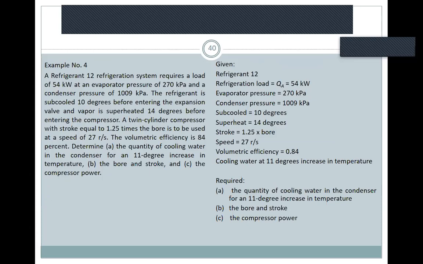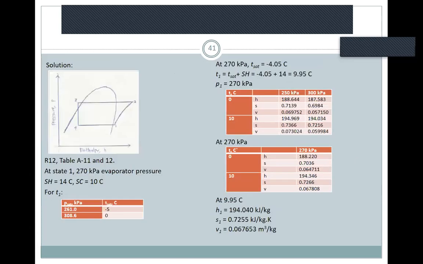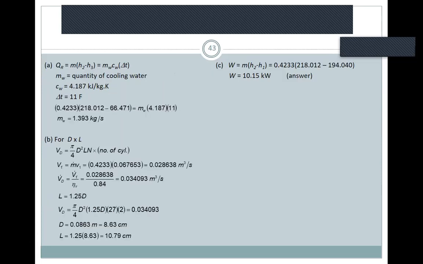Okay, dalawa kasi twin. Nakalagay twin kaya dalawa ang cylinder natin. Times 2. So B sub 1 is equal to M times v sub 1, specific volume at 1. Diba? 0.4233 times 0.067653 is 0.028638 cubic meter per second.